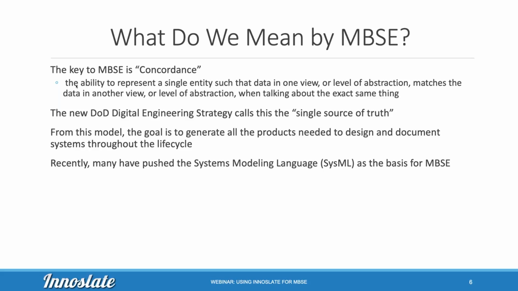Well, there's a new DoD digital engineering strategy out, and they call this the single source of truth. It's obvious that there will be multiple databases, but ultimately you're trying to look at an aggregation of the data from a single point of truth. What is the correct representative data that actually is what we mean by that thing that we're designing?